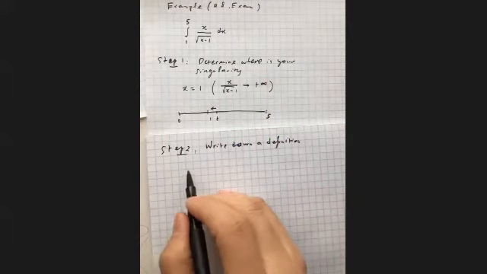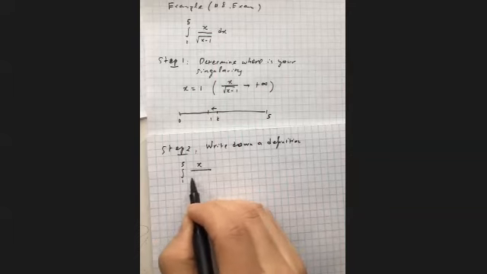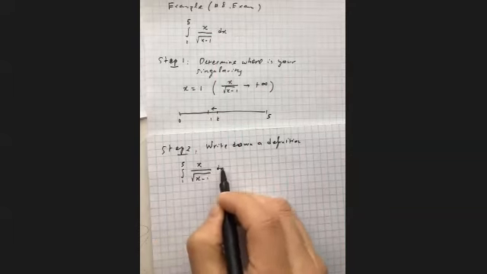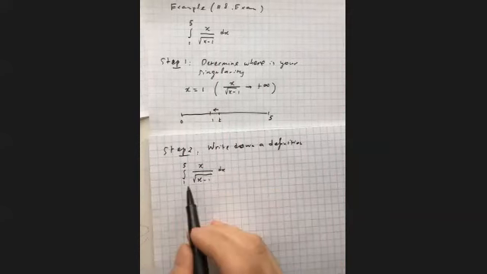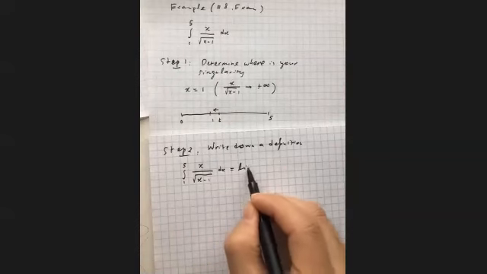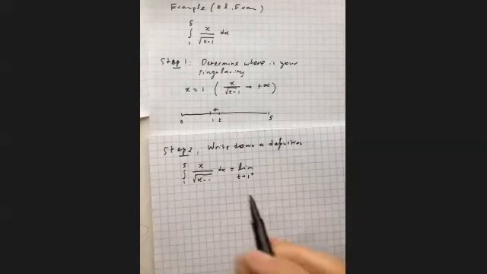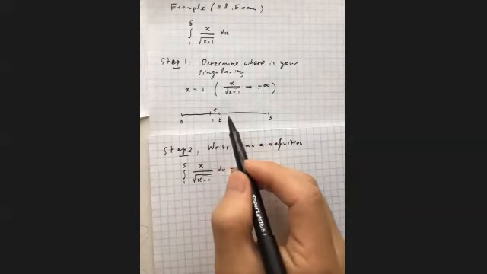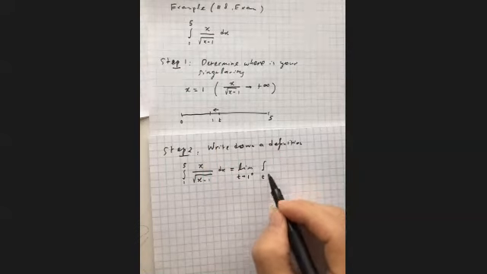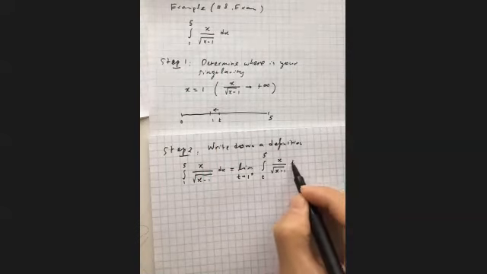In this case, the integral from 1 to 5 of x over root x minus 1 dx is not defined, because 1 doesn't make sense for this integral, right? So we define it using the following expression: the limit as t goes to 1 from the right-hand side of the integral from t to 5 of x over root x minus 1 dx.